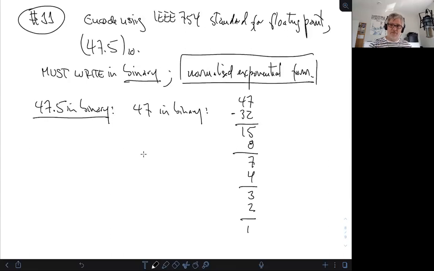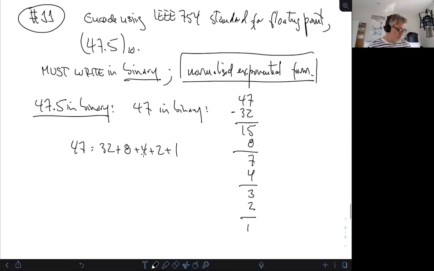Okay, I did it very quickly, but basically what you see is that 47 is equal to 32 plus 8 plus 4 plus 2 plus 1. Can we check that? Yes, that's 47, right? So this is in binary, this will be 1. This is 2, 4, 8, 16, 32.